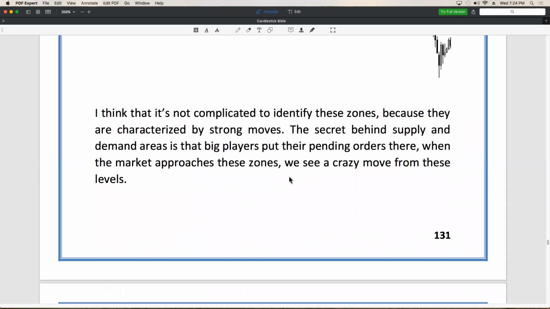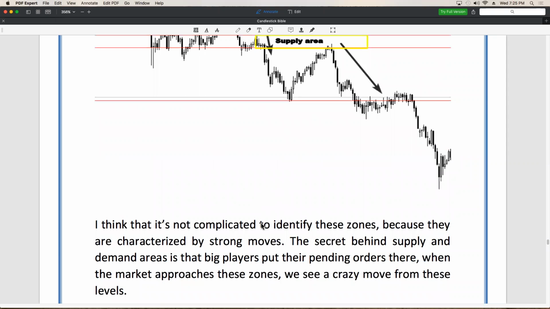So the secret behind supply and demand areas, let's just keep reading it. It'll probably give us some more wisdom. The big players put their pending orders in these areas, and when the market approaches these zones, we see crazy moves from these levels.